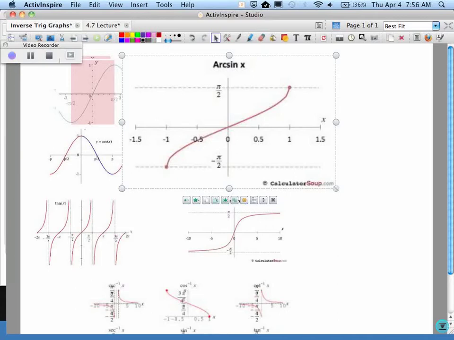So whenever you hit your buttons on the calculator and you do an arc sine, where can it produce answers? So where's negative pi over 2 to pi over 2?